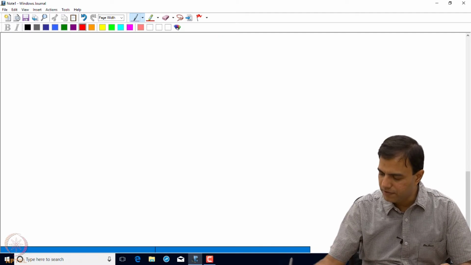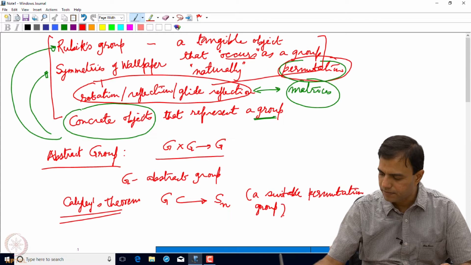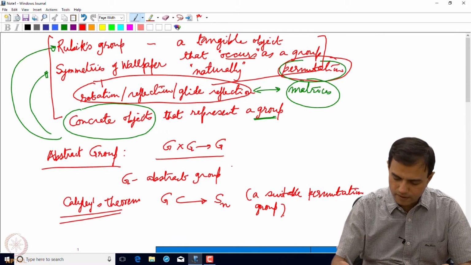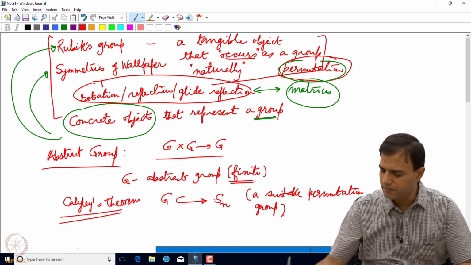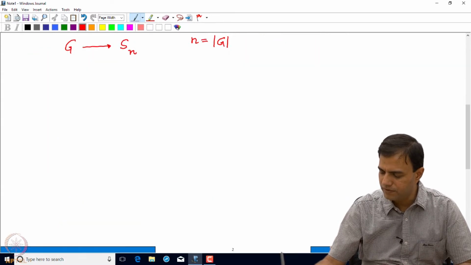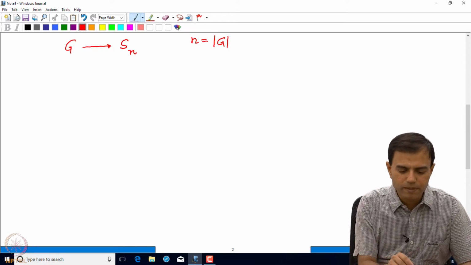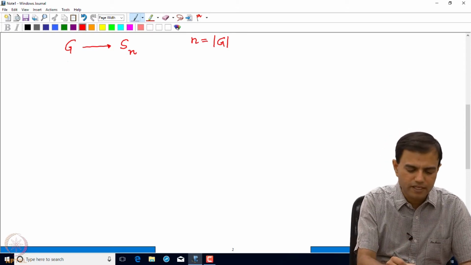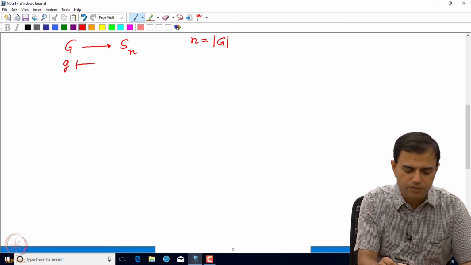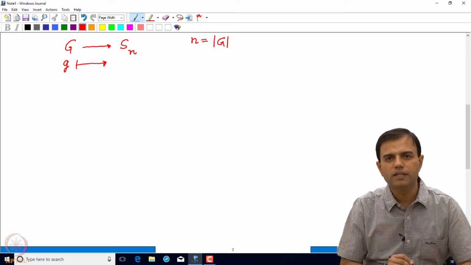So here in the previous slide, it should have been a finite group. Although for infinite groups also one can make a similar statement, but let's keep it finite because we want to keep Sn. So how do I associate a permutation to an abstract element, to a given element of group G? That's not very difficult.